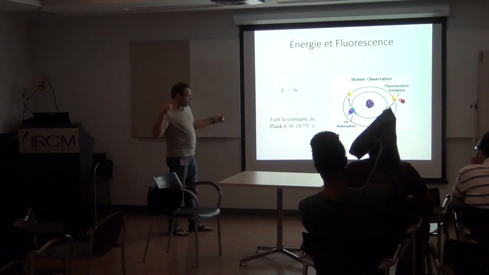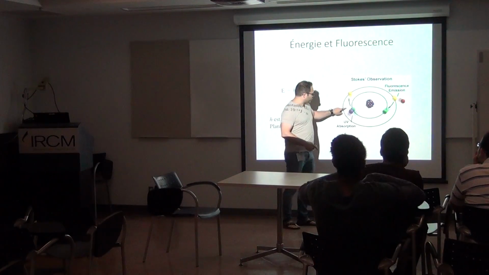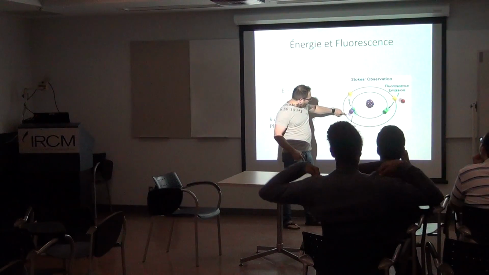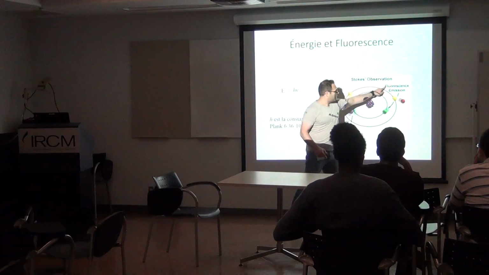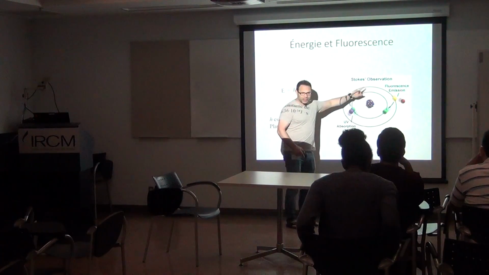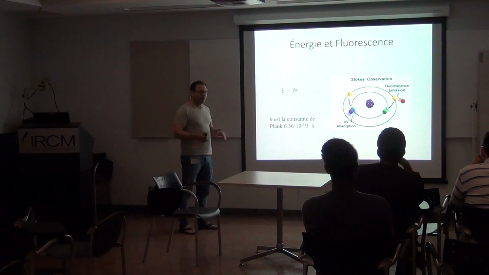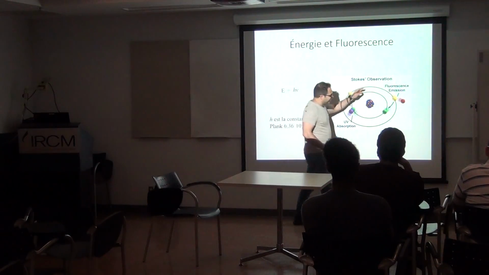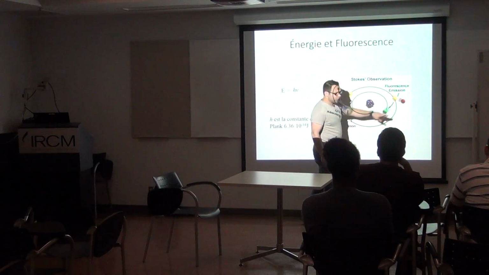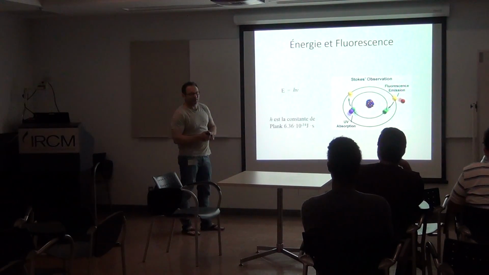So we shoot a certain wavelength onto a molecule, and the electron will absorb the energy and go into an excited state. This excited state will stay for a certain time, which is not really long, about 10 to the minus 9 seconds, so it's pretty fast.